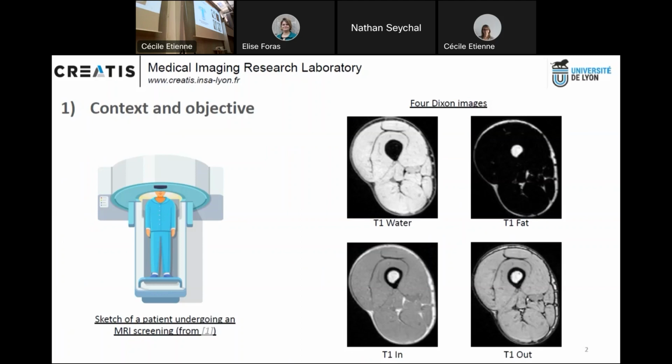So here, the T1 water image puts forward the water molecules of the image. The T1 fat, it's for the fat molecules. And then in phase and out of phase are basically combination of those 2 images.